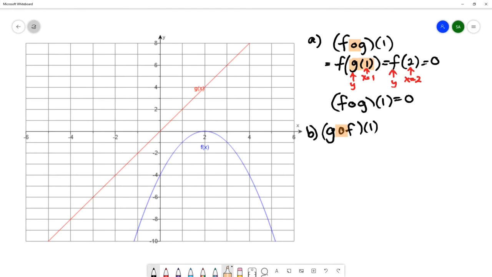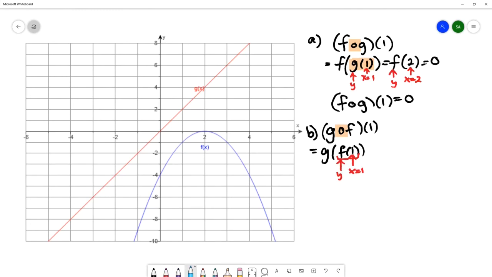So we're going to rewrite our function as g of f of 1. On the inside, we recognize the symbols f of 1, and we know that x is equal to 1, and we're looking for y.